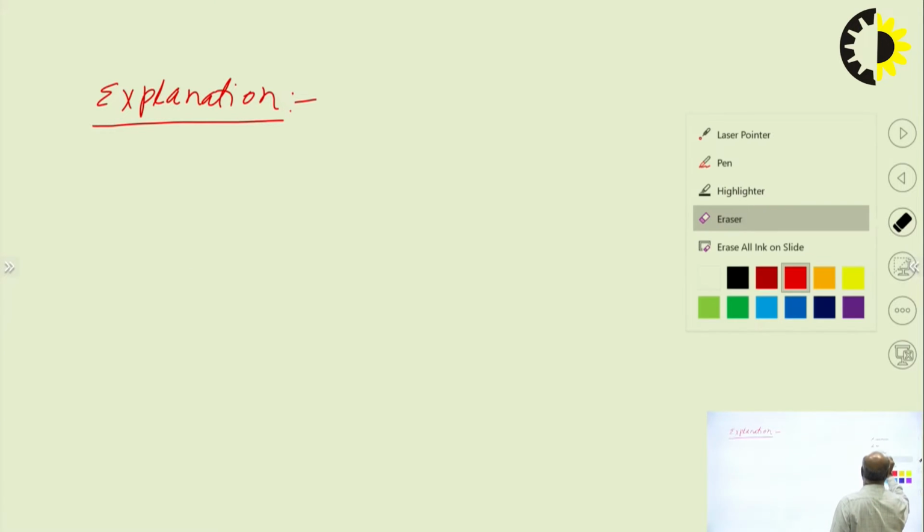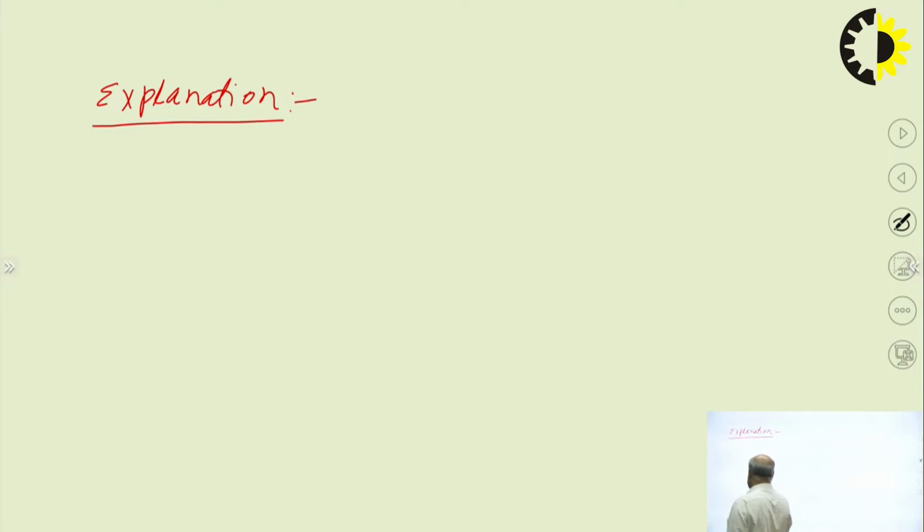We will explain Norton's theorem by taking a complex circuit. Suppose we have a complex circuit, and in that circuit we have to calculate the value of current in a branch or in a load.